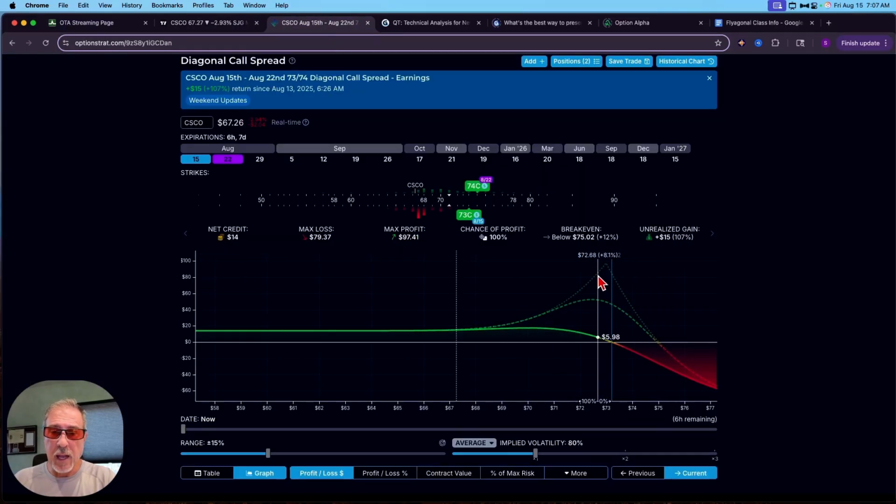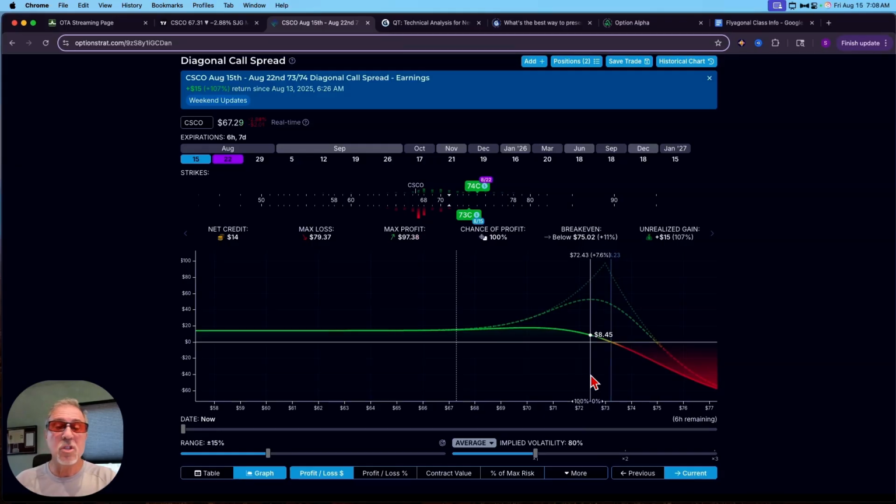And because of that, I ended up setting up this diagonal with some skew that basically skewed it to the downside. In other words, the way this trade was structured is that if we stayed in this general area up here of 71 to say 74, maybe even up to $75, this trade could have been very nicely profitable.